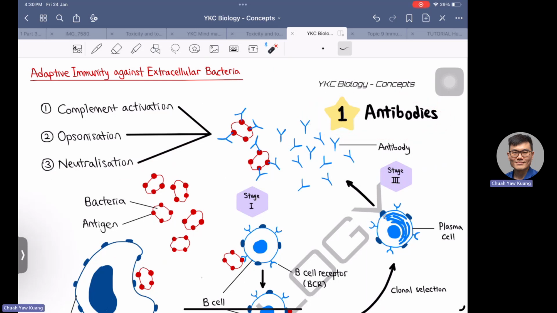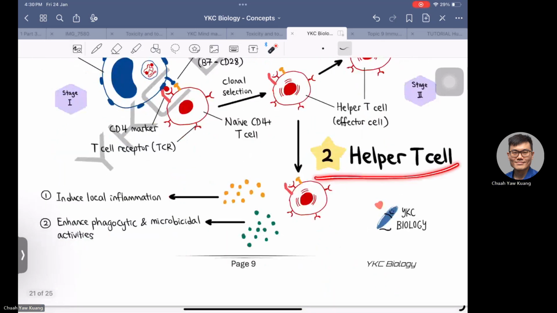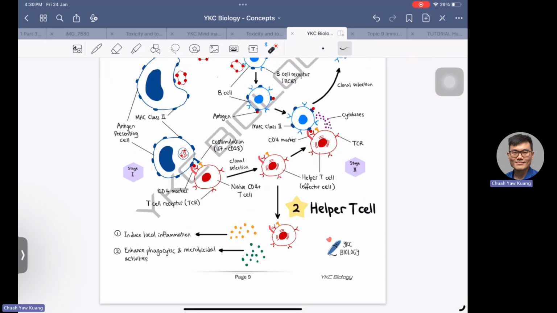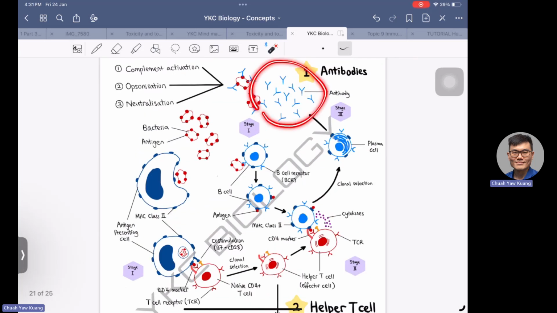Next, we'll look at the second mechanism, which is the helper T cell. In fact, the activation of this helper T cell is the same. So the helper T cell that is being activated not just releases the cytokine to cause the clonal selection of the plasma cell and then the production of the antibody.